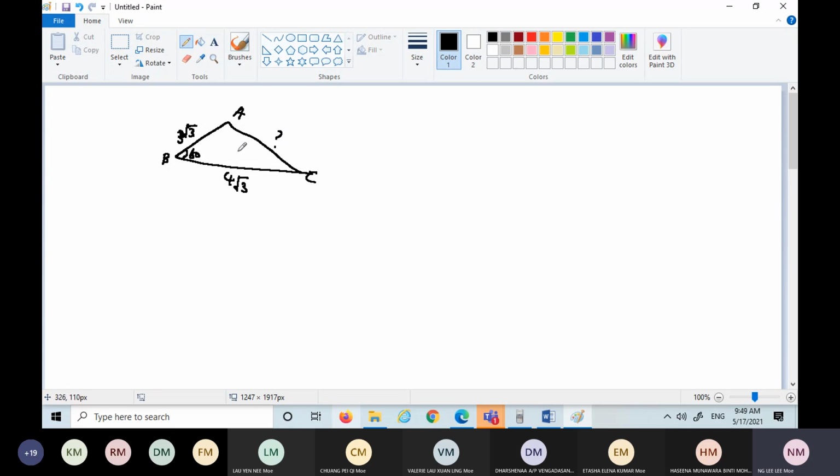If you have learned the solution of triangles, you can use the cosine rule. But this one you haven't learned yet, so you can't use the cosine rule. So you have to do it in a more complicated way.